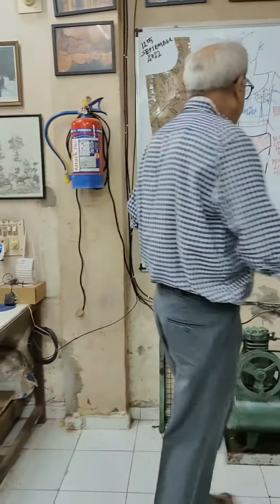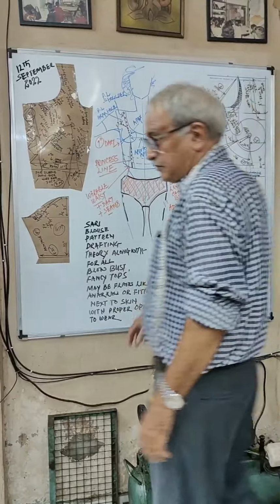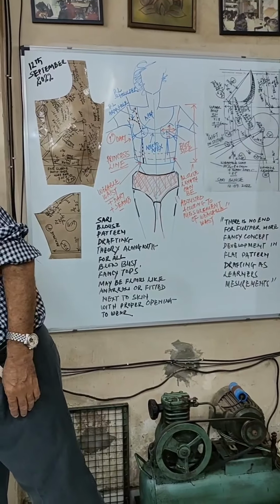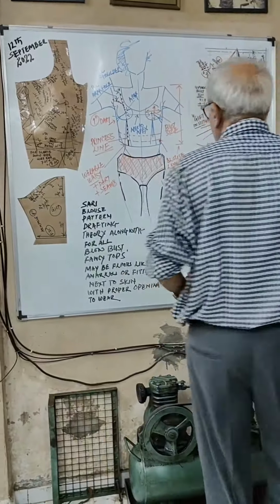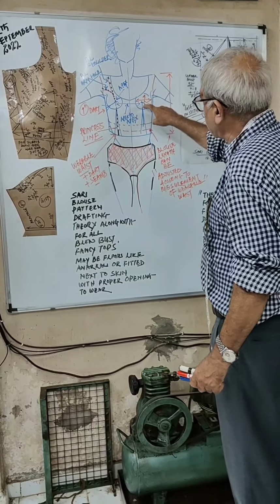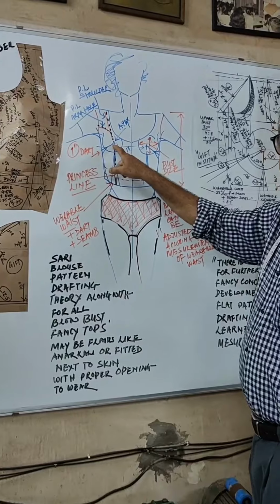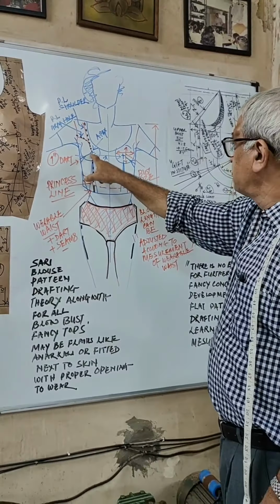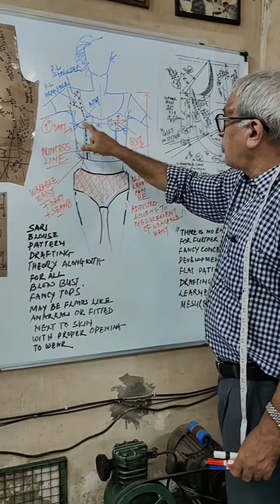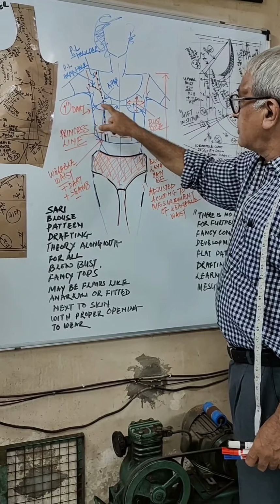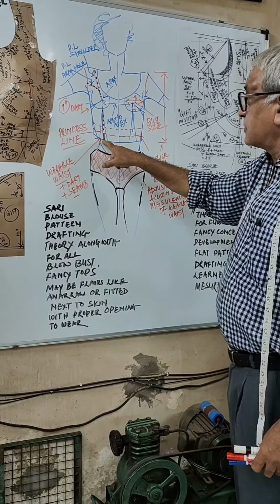So I come through here. This is the drawing, you can see, and this is the apex. This is the measurement of apex, right? One dot is here from the apex, one dot here, exactly down here.